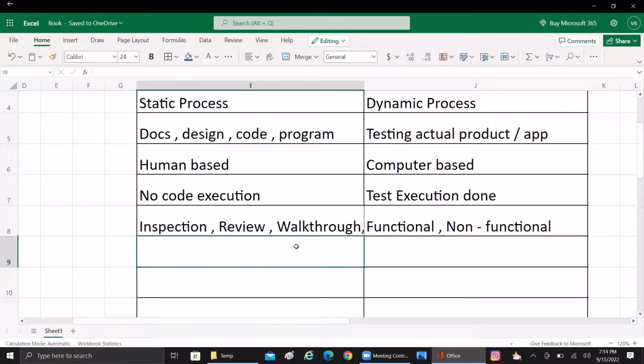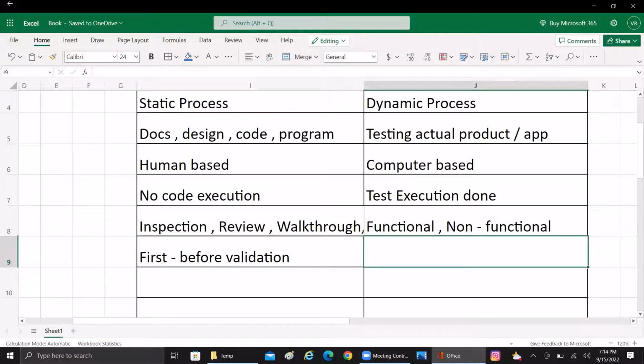Generally, in any project, verification is done first. That is, it comes before validation. Validation is always done after verification.